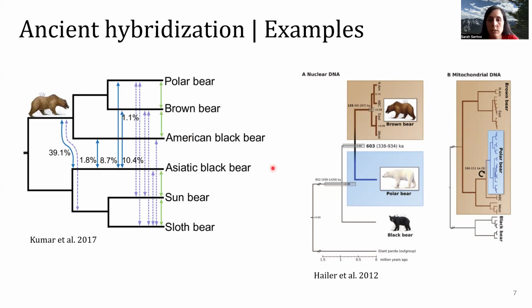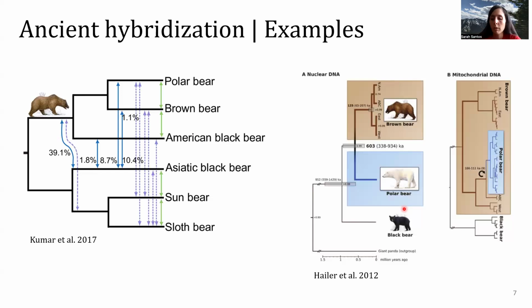And so here's just another example where we have brown bears and polar bears. The majority of their genomes, they're separate. They are distinct species. But then if we look at the mitochondrial DNA, we have the polar bears clustered within the ABC Islands, which are in Alaska. And so that reflects the fact that they hybridized in the past, and we can still observe that in their mitochondrial DNA.